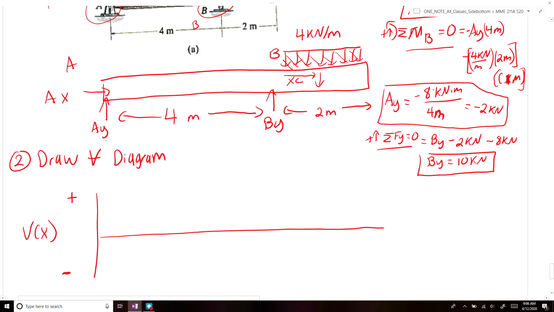So we have A of y is equal to minus 2 kilonewtons. So we have a force of minus 2 kilonewtons applied at x is equal to 0 meters.